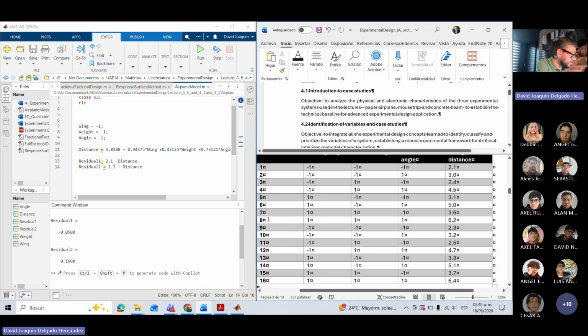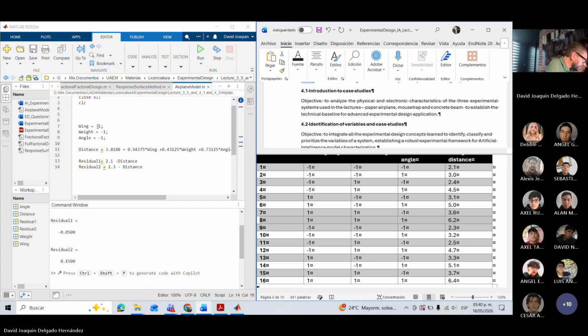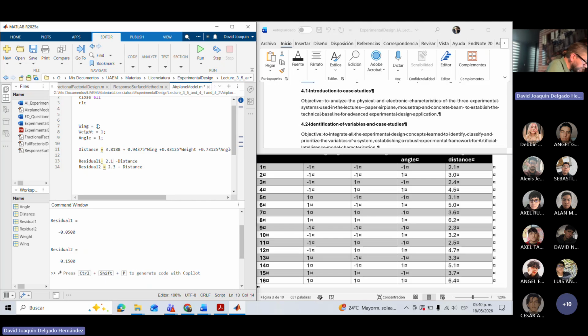Rule number 8, which is this, the three values are positive, +1, +1, and +1. And the first result for number 8 is 6.2, and for the second residual is 6.4. Okay, so let us now run the script with this new information. So run.